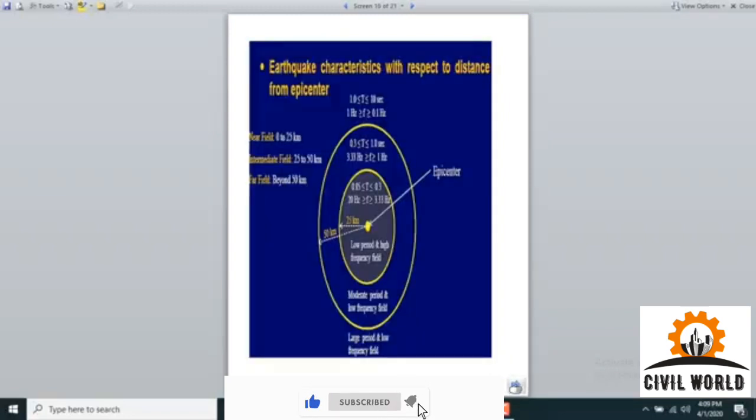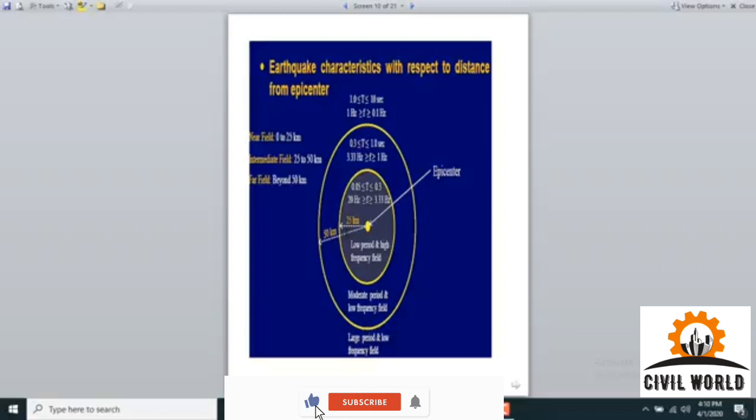In the next slide, we are trying to understand the impact of the earthquake on the basis of ED, or the epicentral distance that I explained in the previous slides. You can see the yellow mark represents the epicenter or the focus point. Now this epicenter has a magnitude, but its intensity reduces as the distance of the structure from the epicenter increases.